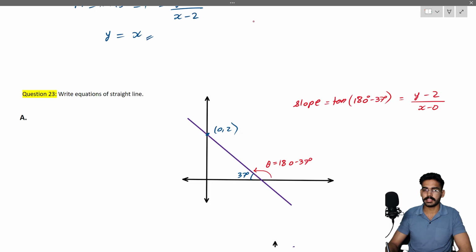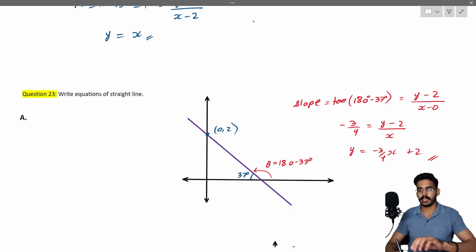Tan of 180 minus 37 is minus tan 37, so minus 3 by 4 equals y minus 2 divided by x. So y equals minus 3 by 4 x plus 2. This is my equation of the straight line. I hope this is clear.